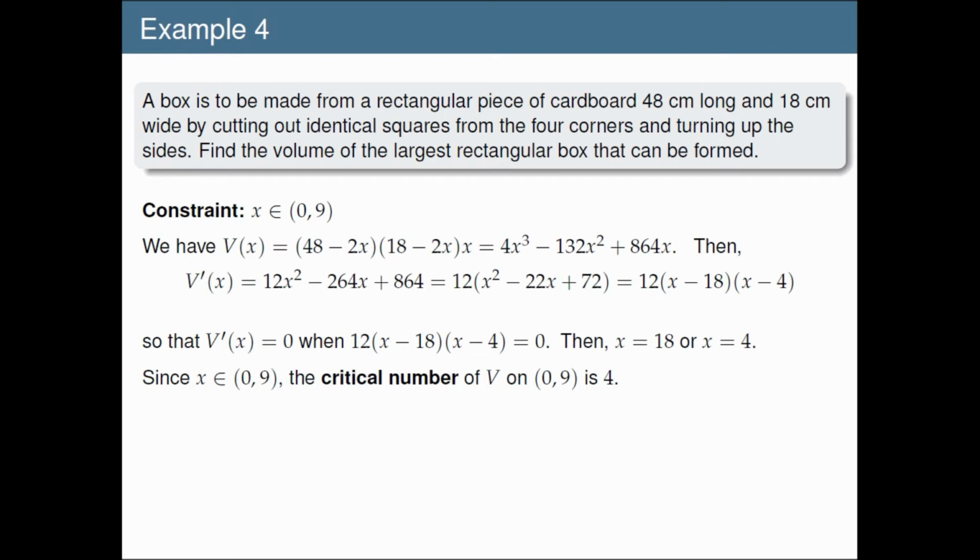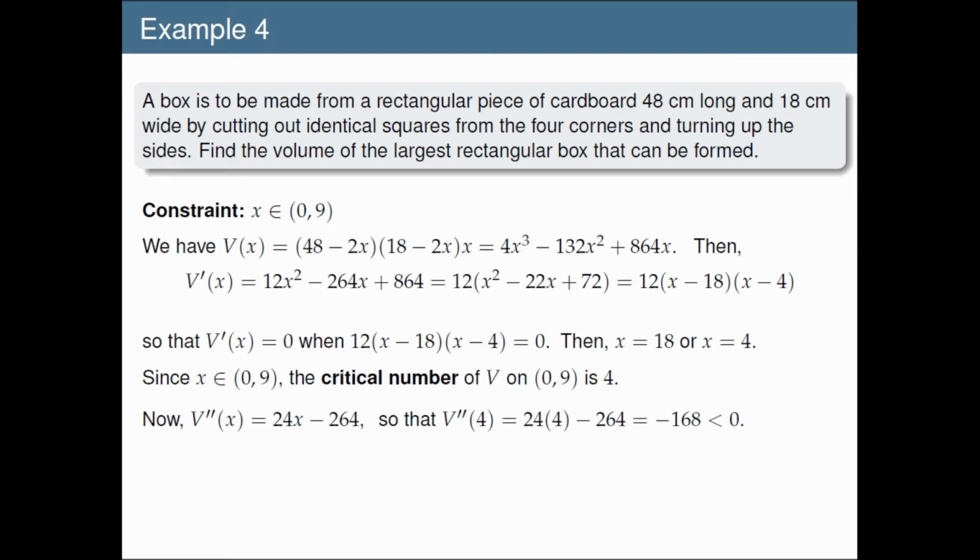We now get V double prime. This is equal to 24x minus 264. Pag sinubstitute natin ngayon yung 4 dun sa x dito sa V double prime, we get V double prime of 4 equals this one. 24 times 4 is 96. 96 minus 264 is negative 168.